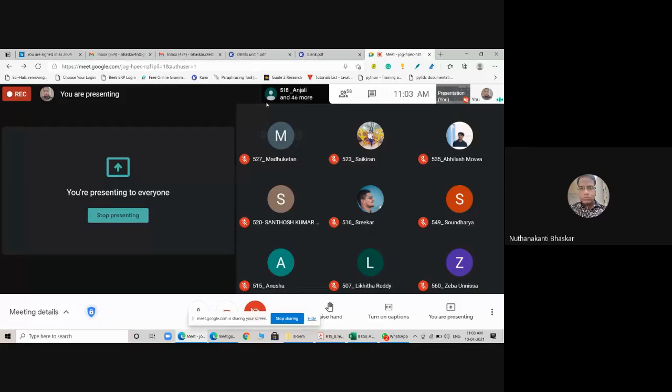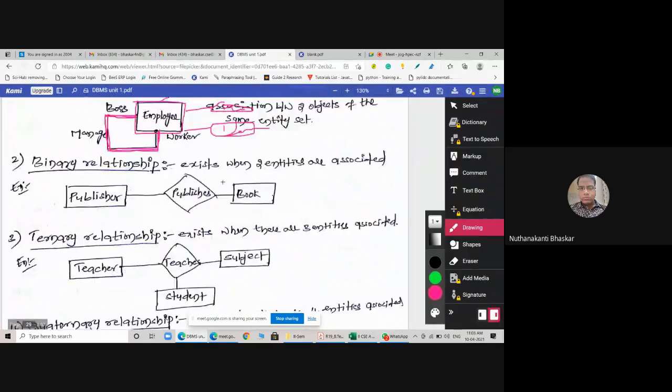Now coming to the binary relationship. The binary relationship is nothing but when we provide a relationship or association, it contains two entities. For example, publisher publishes book. The publisher is one entity, with publisher ID.